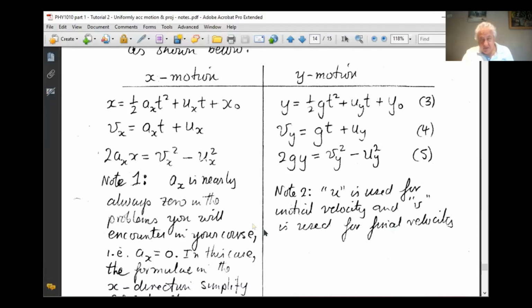Because this is so important, I'm going to do this on the whiteboard for you. But where the projectile motion is not the simple case, you need to start from first principles. In fact, the formulas for the trajectory, for the range, and for the time of flight are derived exactly from these formulae. But when you have more general projectile motion, you need to start from first principles. In other words, start from here.